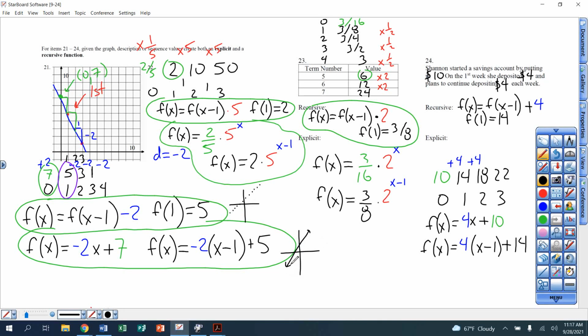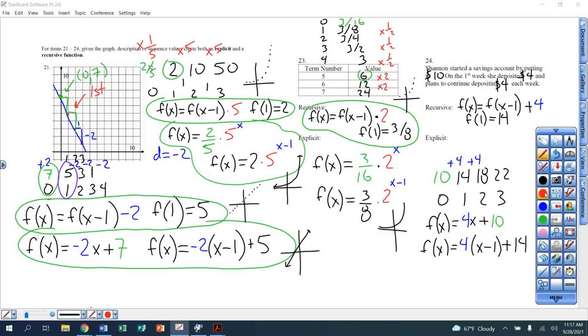Any graph that's geometric and recursive, dots following that exponential curve. Any graph that's explicit geometric, a curve with a line drawn through the dots. Know that. This one up here, this is geometric. This would be geometric recursive. This would be geometric explicit.